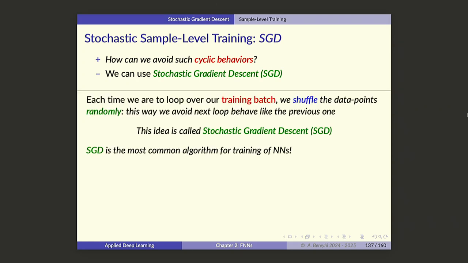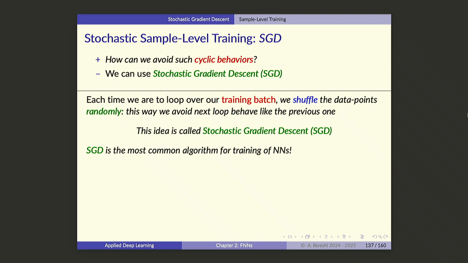So each time that you want to start with your batch again, you just shuffle this batch of data, so that the ordering of the data points gets randomly changed, and then you start again with your data set. This is what we call SGD.